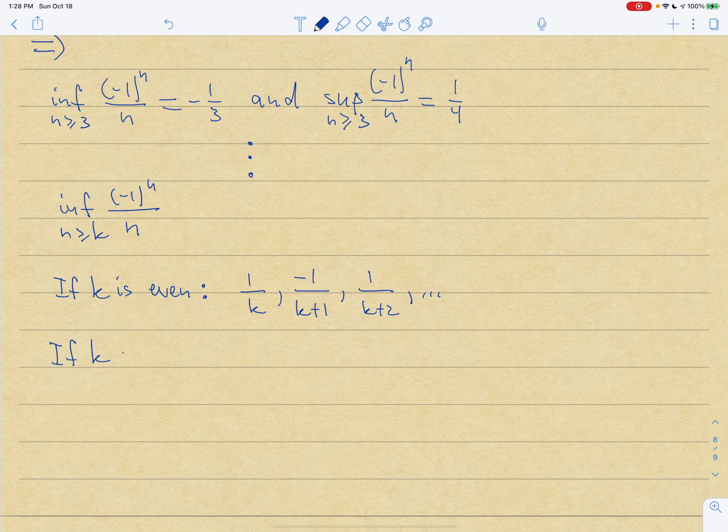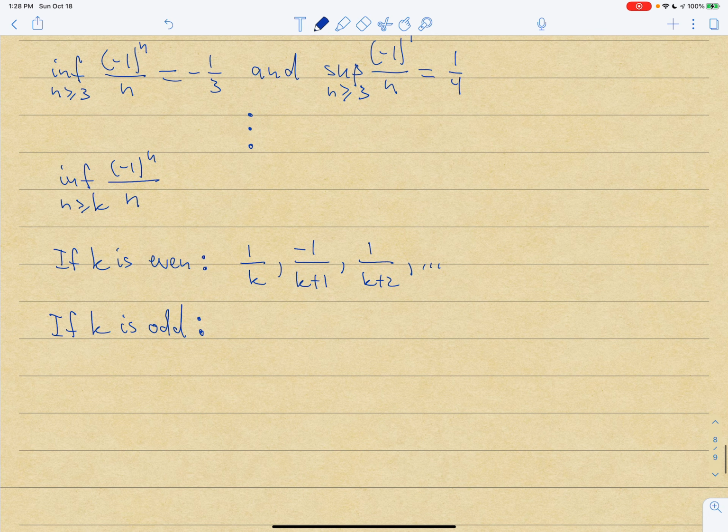If k is odd, right, and I'm starting to look at my sequence from the kth element, then the first element I will see, I'm going to get -1 over k. Second element is positive 1 over k plus 1, -1 over k plus 2, and so on.